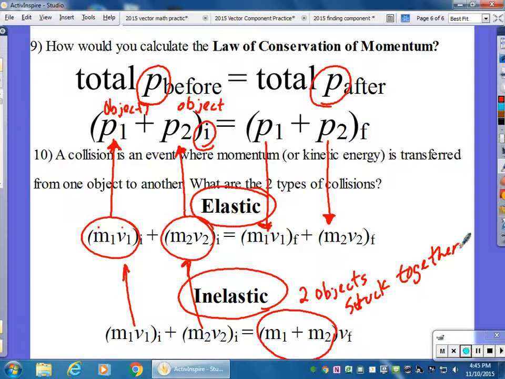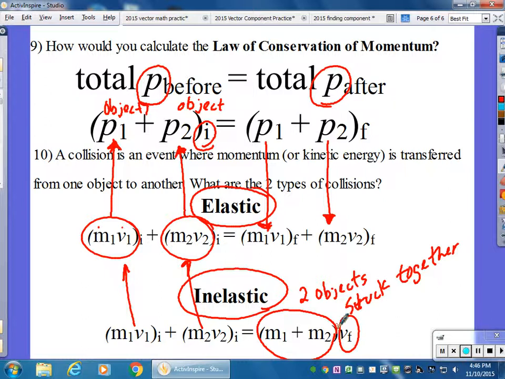And so then all of a sudden they're traveling together with only one velocity. Here they were traveling apart so they could have two different velocities, but then when they collide with each other they stick together like glue, and so their masses are combined and you have one velocity. But still, if I take the total on this side and the total on this side, it has to equal the same thing, because again, the law of conservation of momentum, no matter which kind of collision you have, this side of the equal sign has to equal this side of the equal sign.